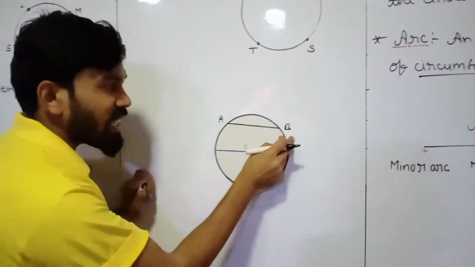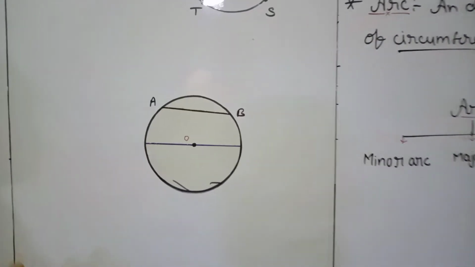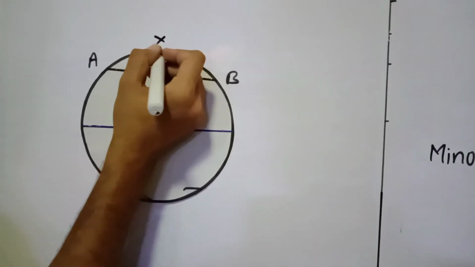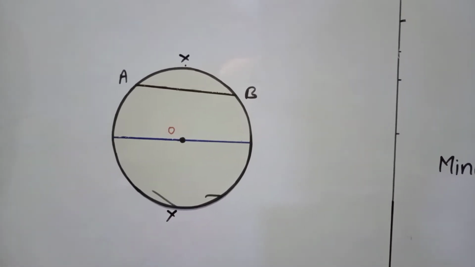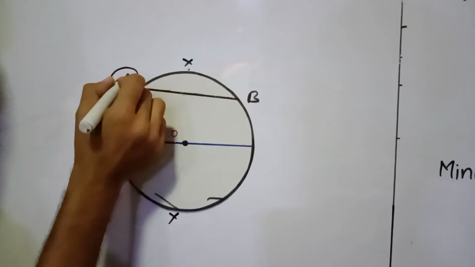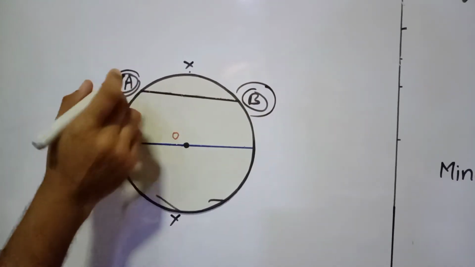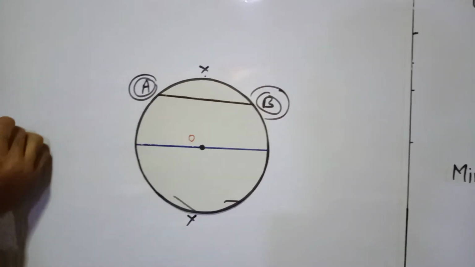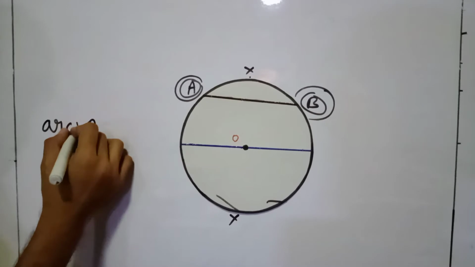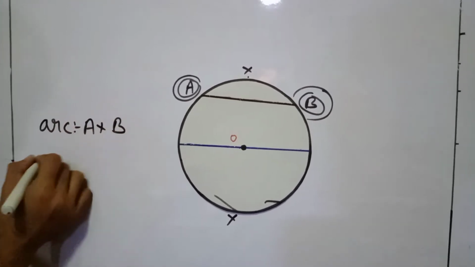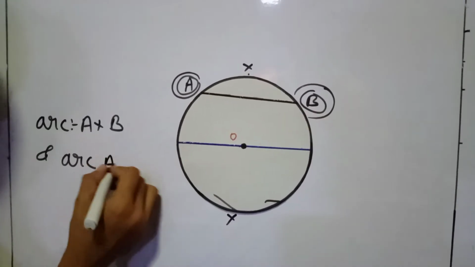This line segment AB divides the circumference of this circle into two parts. Suppose here we have X and here we have Y. So how can we give the name? If we are talking about the endpoints A and B, there are two arcs: arc AXB and arc AYB.